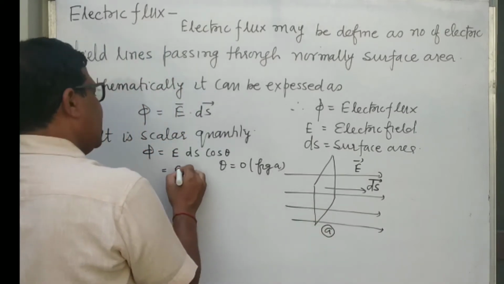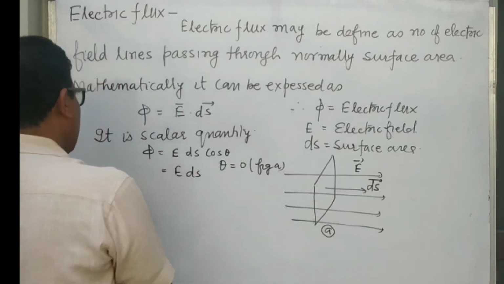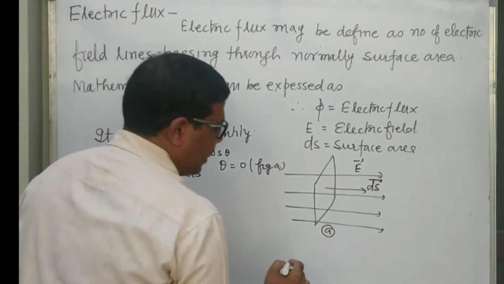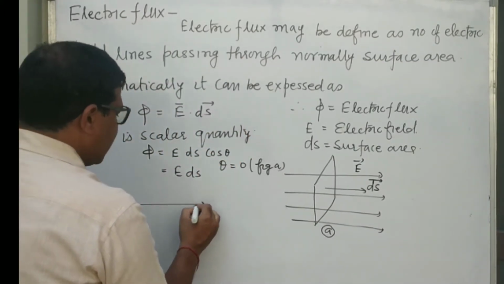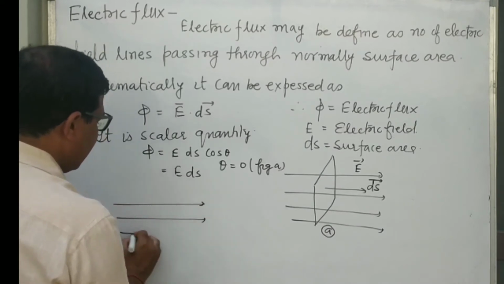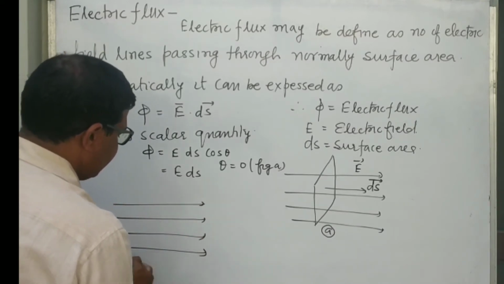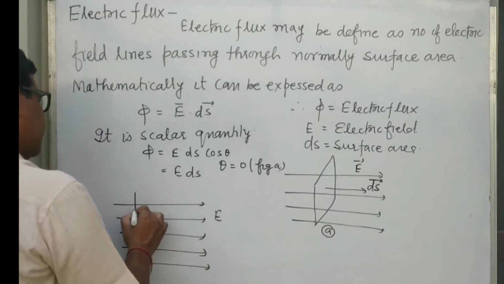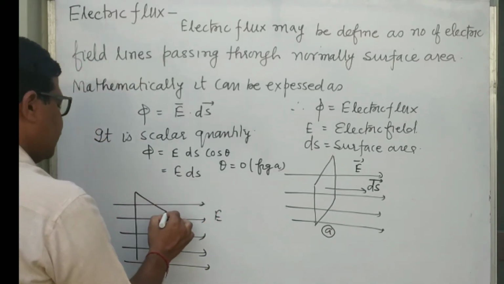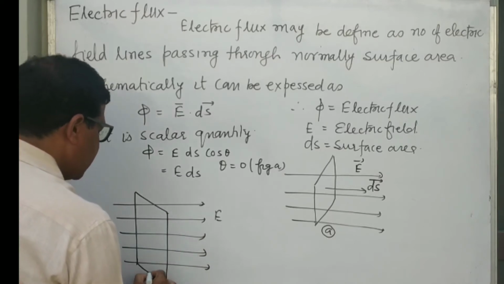So E into ds. If it has a certain angle, how? अगर इसके पास एंगल है तो कैसे बनेगा? This is E and this is the surface.